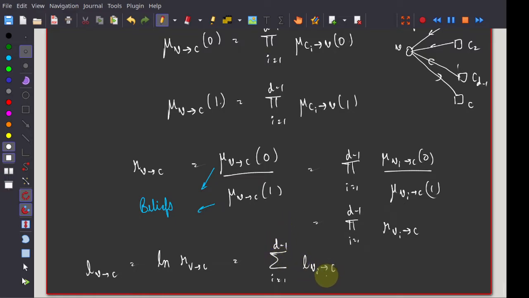So now we've simplified the message update rule even further. Originally we had to multiply 2d minus 2 numbers, but now all we have to do is add d minus 1 numbers together. That's a further lowering of the complexity.